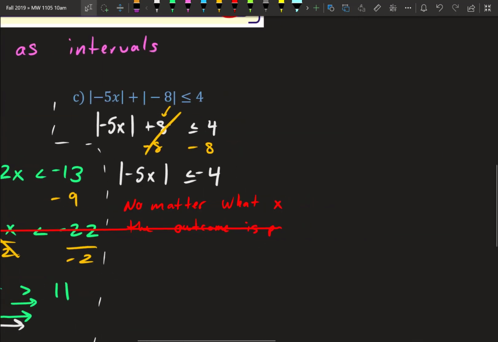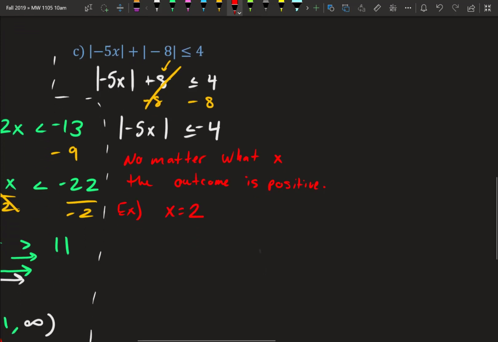That happens sometimes. So no matter what x, the outcome is positive.